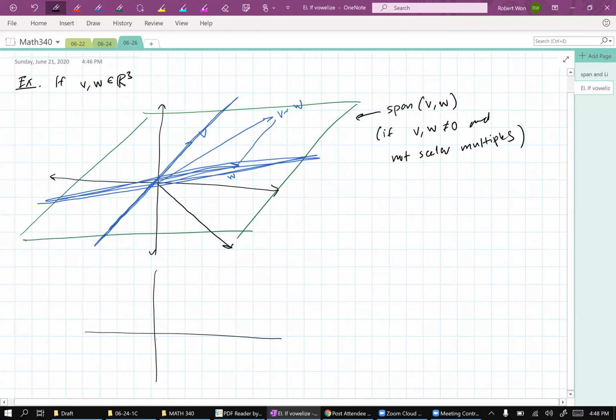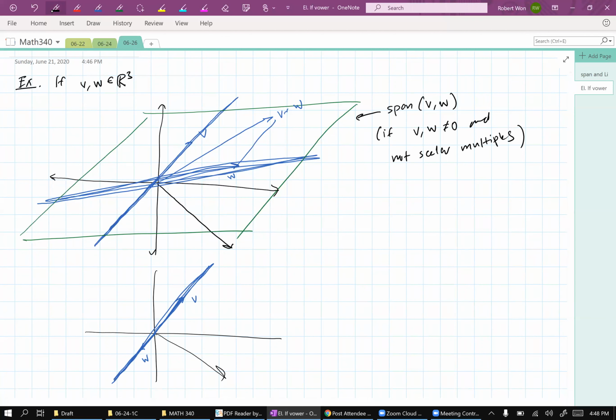Or in R3, if they happen to be scalar multiples of each other, so if this was v and w was, I don't know, negative 1/2 v, as you added scalar multiples of this to scalar multiples of this, you would never leave this line. So the span here is the span of v and w if v were equal to lambda w and at least v is non-zero.